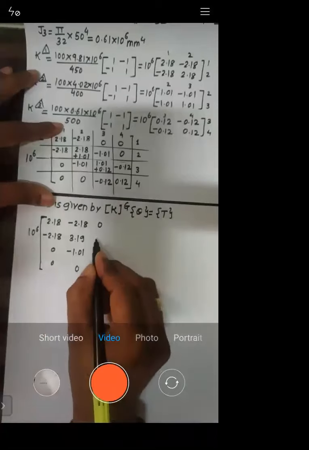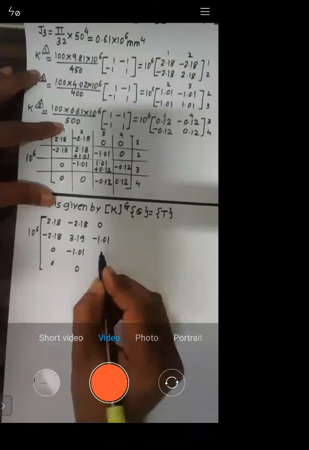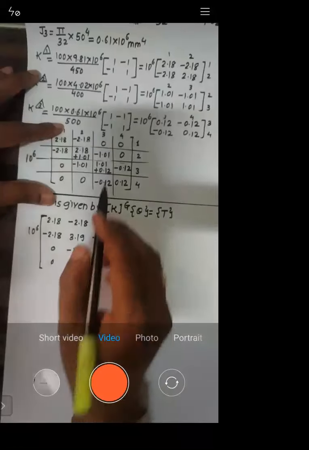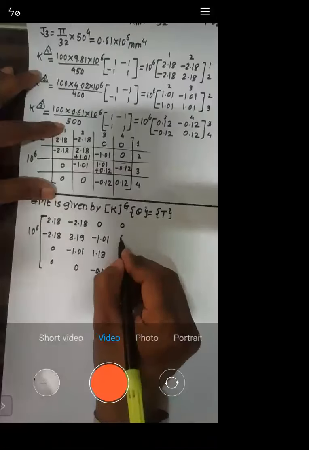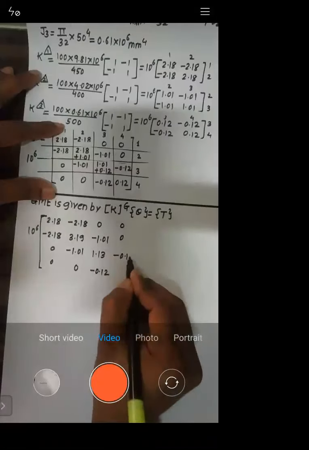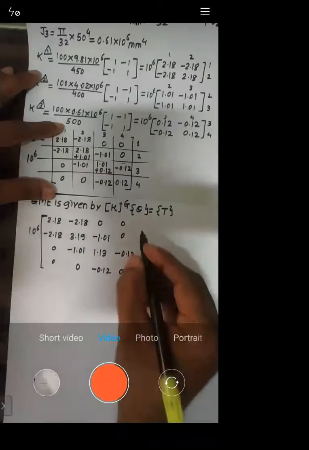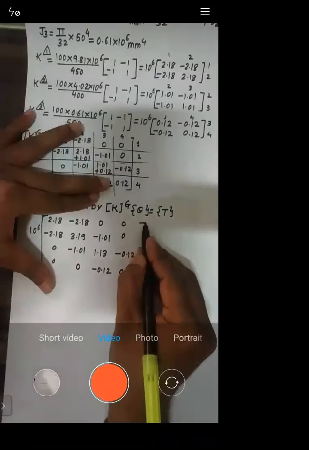Then 0, minus 1.01. Now tell me this one. 1.13. Next, this is minus 0.12. Then 0, 0, minus 0.12 and 0.12. So this is the global stiffness matrix.